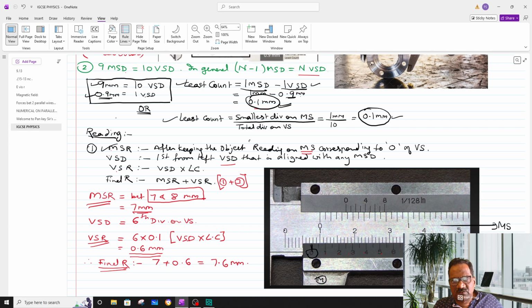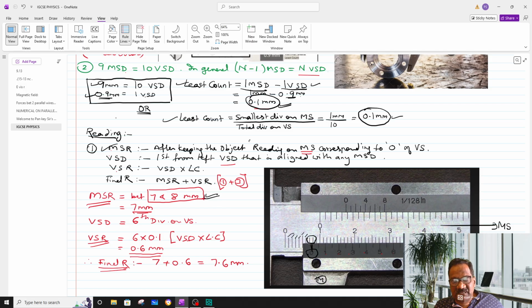This is 0, this is 1 millimeter, this is 2, this is 3, this is 4, this is 5, this is 6. And can you see this 0 of my vernier is between 7 and 8? So I can write the main scale reading as between 7 and 8.